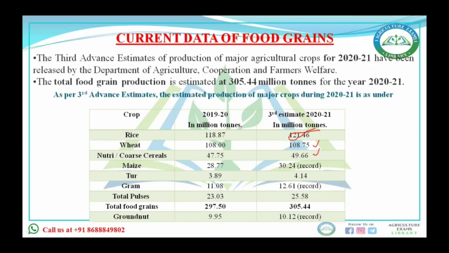For maize it's 30.24, that is record production, and for tur it is 4.14 million ton. For gram it is 12.61, this is also record production.